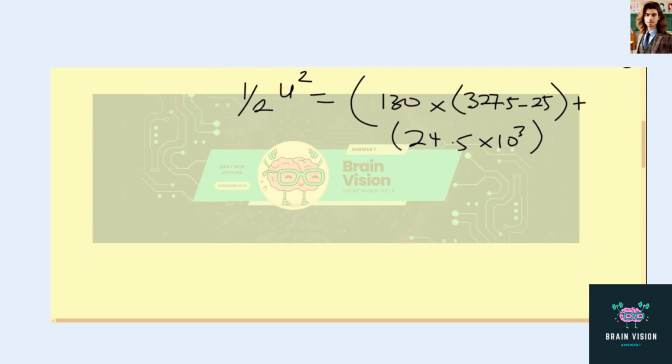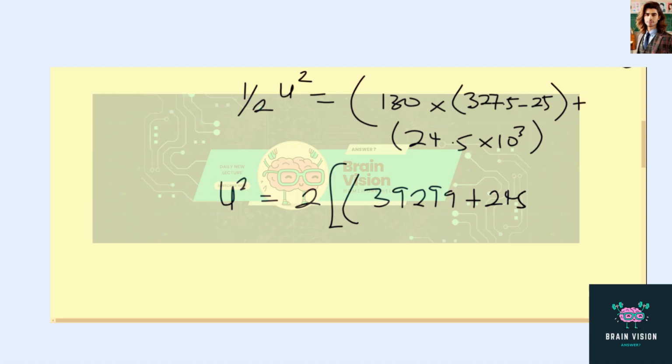Now that we have this, making u squared the subject, we have u squared is equal to 2 into bracket 39299 plus 24500, which is basically the same value that I've just written in a different form. Then we close it.